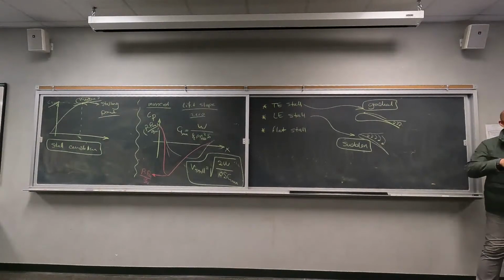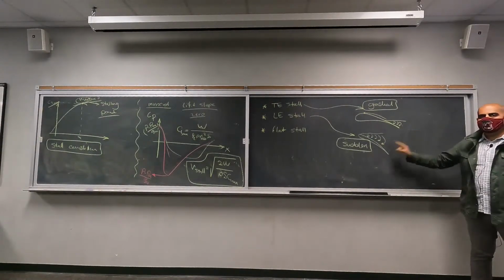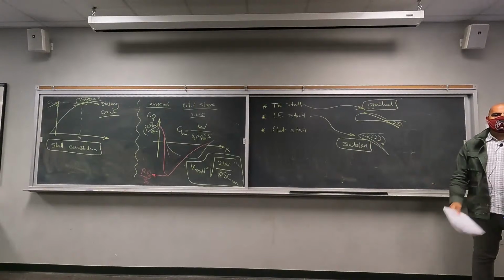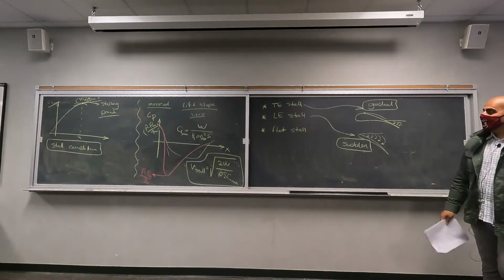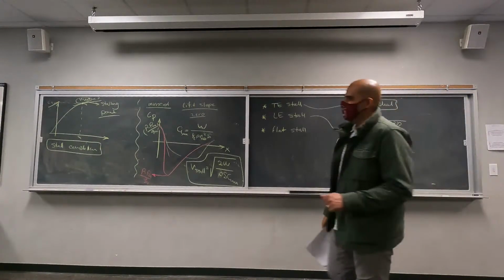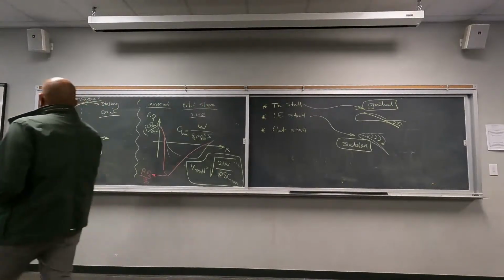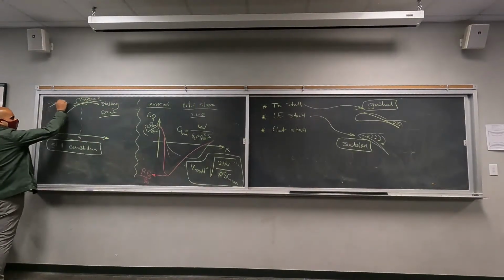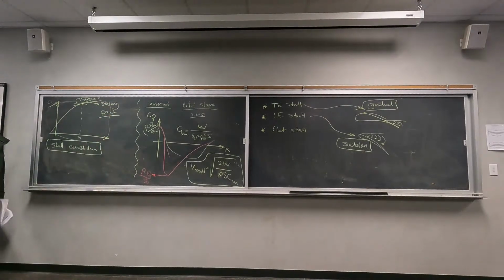So what do you think this means for the CL versus alpha plot we have here? That the flow doesn't separate, but suddenly all of the flow on top of the airfoil will separate.